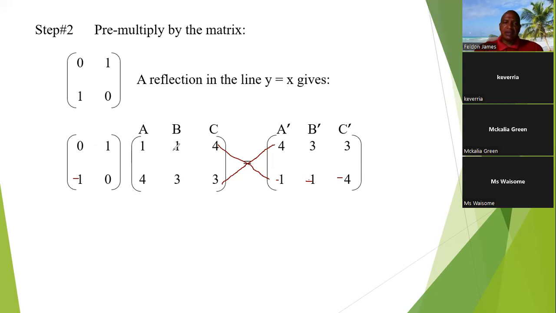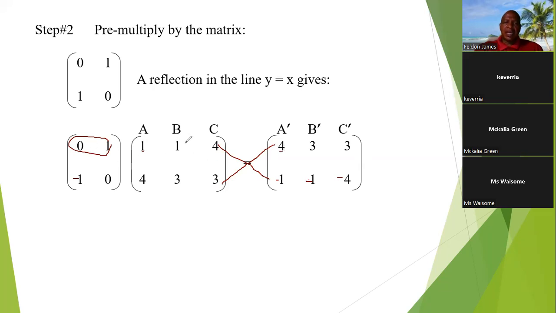So you'd have 0 times 1. Remember, you multiply row by column, right? So 0 times 1, 0. Negative 1 times 4 would be negative 4, so this top value is going to be positive 4.